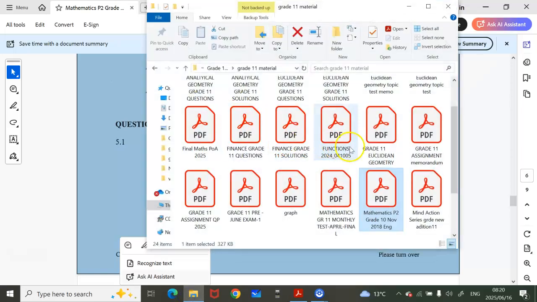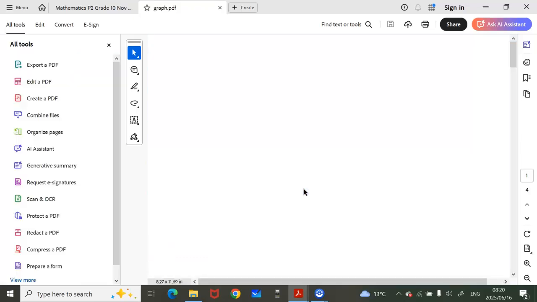Let's quickly get a space here where we can draw the graph. To sketch the graph, you're going to draw your Cartesian plane and then sketch the graph on it.